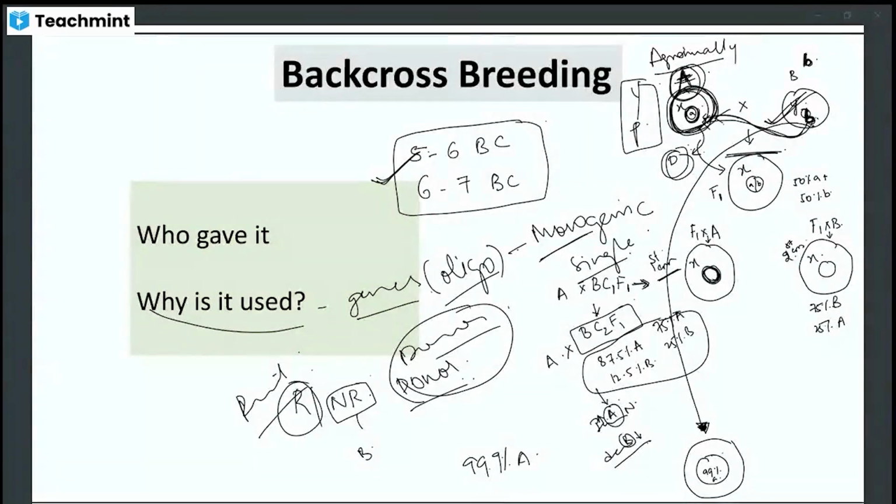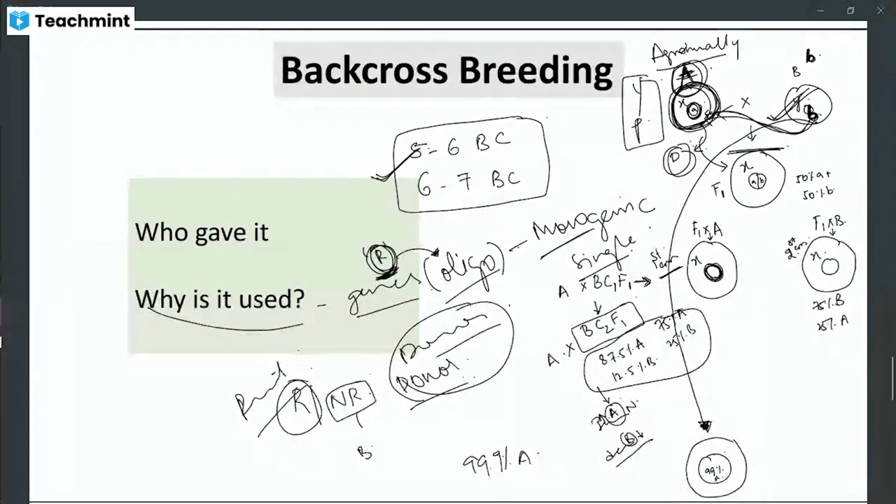Sir, mildew disease in sorghum. Okay, means the gene governing resistance, right? Southern corn leaf blight in maize. Okay, so most of the disease resistance genes are oligogenic in nature, so you can transfer them.